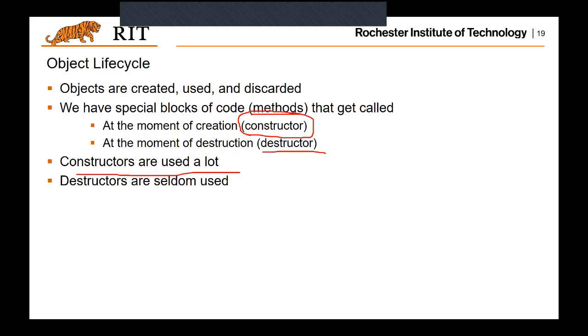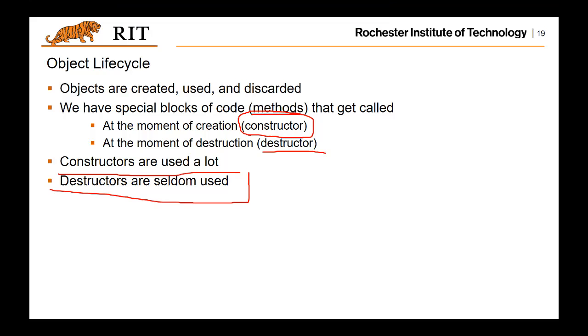Actually, constructors are used a lot, but destructors are seldom used. The reason is, again, Python takes care of the destruction for you. So you don't need to explicitly call the destructor. Basically, Python will handle it.